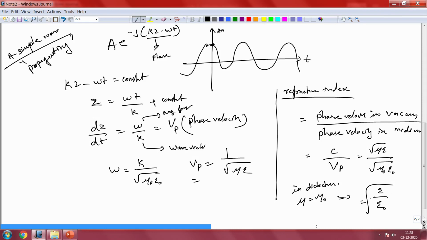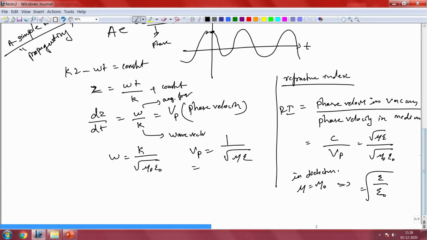So this is basically your refractive index. So if you know the permittivity of a material, then it is basically the root of that. This is something that you all know, and it is the relative permittivity. So the square root of relative permittivity is your refractive index, all right.